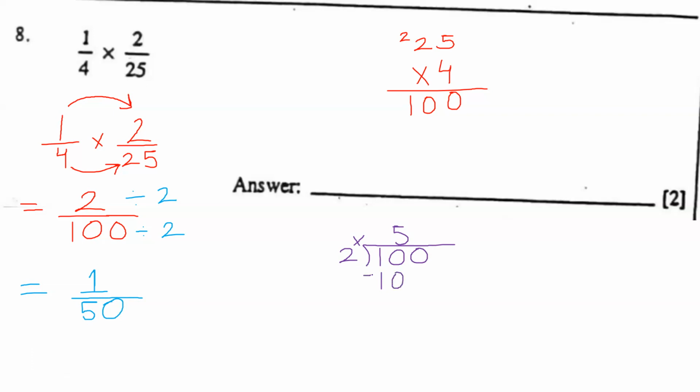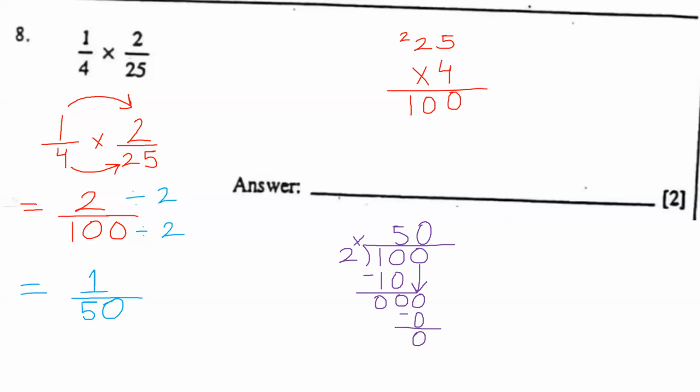And so we subtract, 10 minus 10 is 0. We bring down the 0. How many times does 2 go into 0? Zero times. So 2 times 0 is definitely 0, and 0 minus 0 is 0.